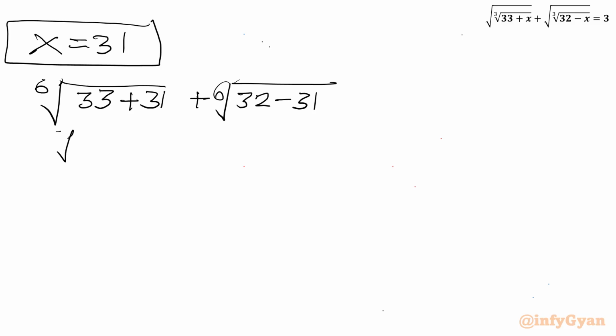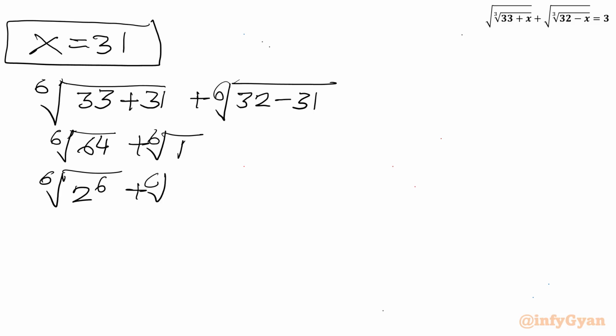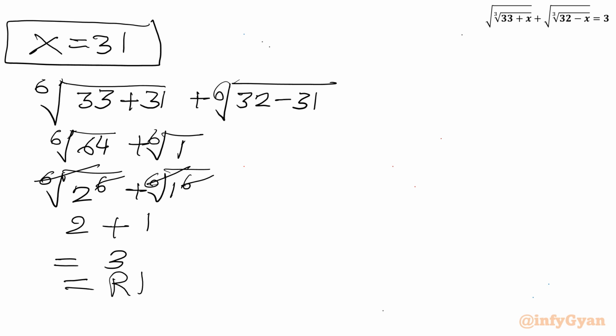So here I will be writing 6th root of 64 plus 6th root of 1. Further we can write 6th root of 2 power 6 plus 6th root of 1 power 6. Again we can cancel 6th root with power 6. So it is left with 2 plus 1, which is equal to 3, and this is our RHS. Hence 31 is also a true and verified solution.